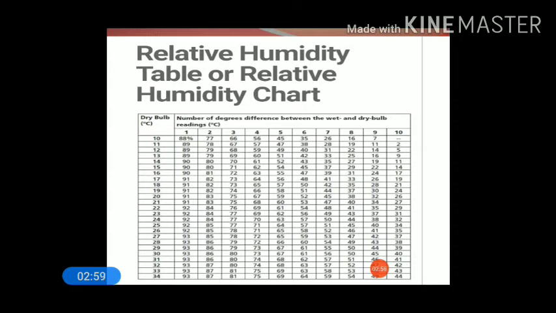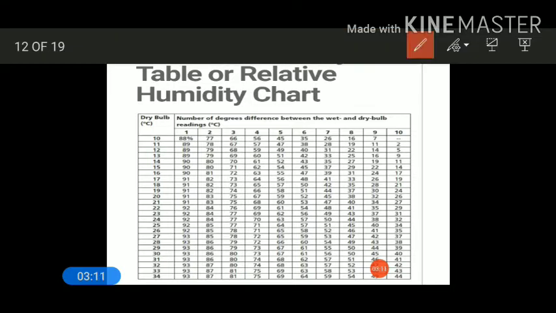Say for example the wet bulb temperature is 20 degrees Celsius, and the dry bulb temperature, which is obviously higher, is 25 degrees Celsius. Now the difference between these two will be 5.